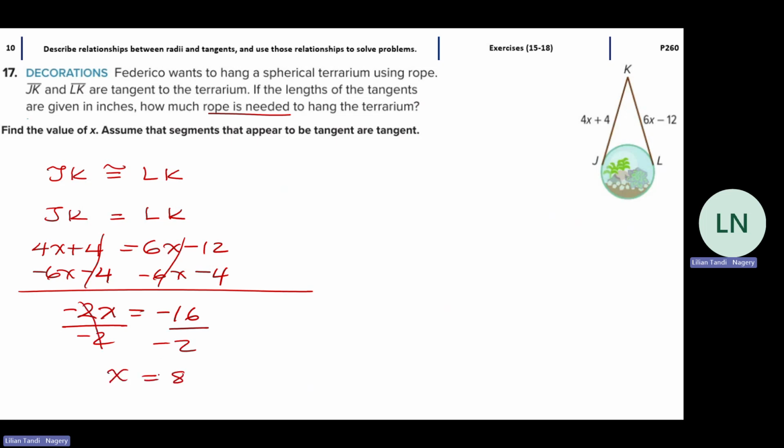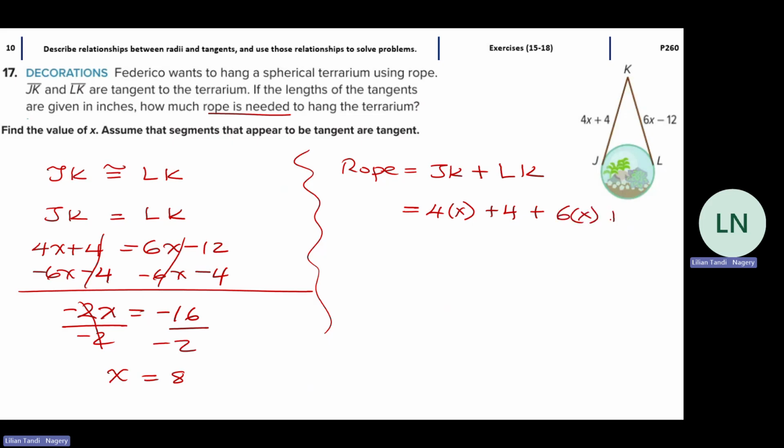I don't want x. I want to know what JK and LK are together because I need to know the rope needed. So rope equals JK plus LK. JK is 4 times x plus 4, and LK is 6 times x minus 12. So this will be 4 multiplied by 8 plus 4, and 6 multiplied by 8 minus 12.